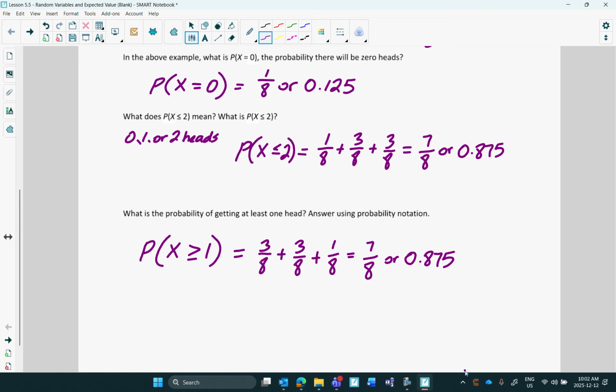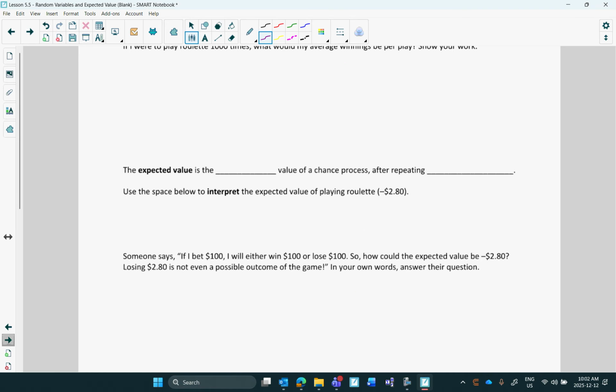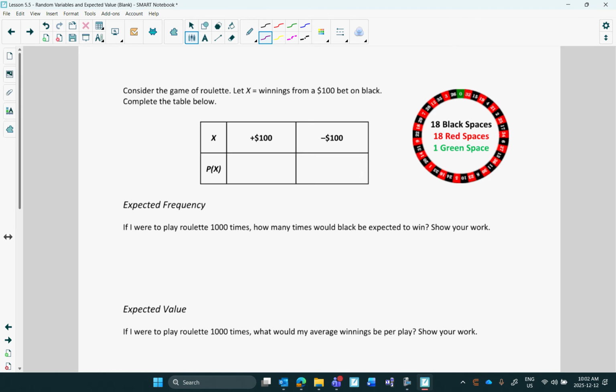Here's another example where we use discrete random variables. Not sure how many of you are familiar with the game of roulette, but there are 37 spaces on a roulette wheel, and you spin the wheel and you throw a little metal ball inside, see where it lands, and then you get to bet on what color or what number it ends up.